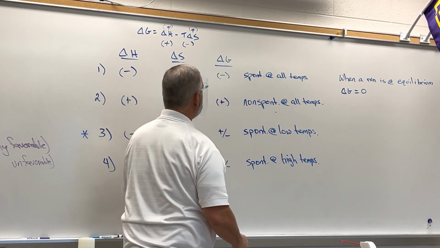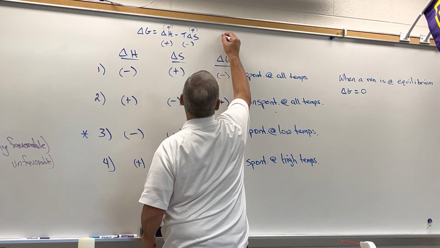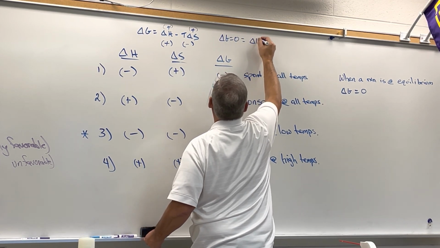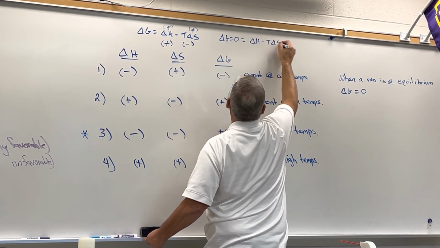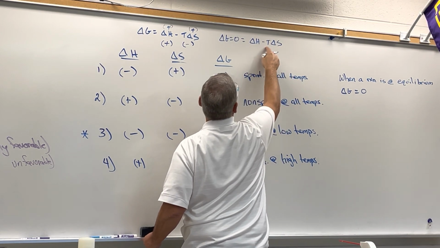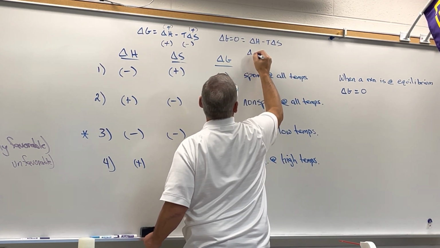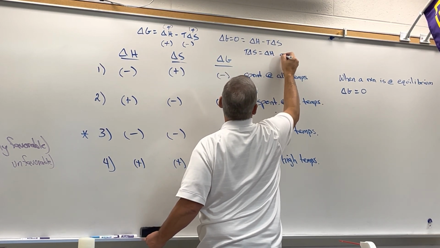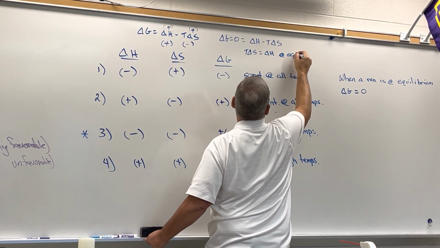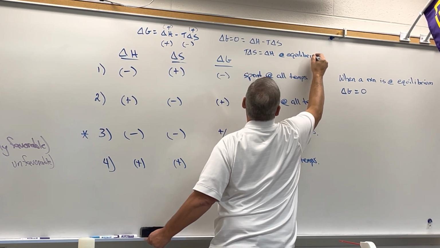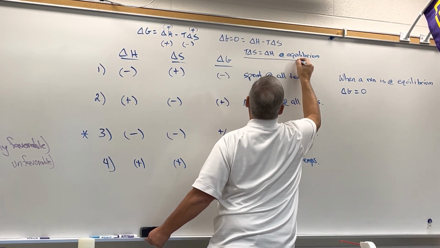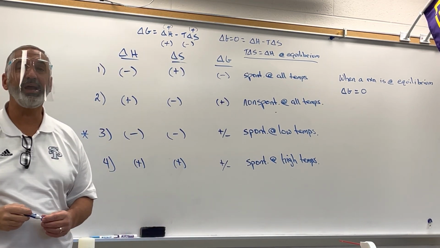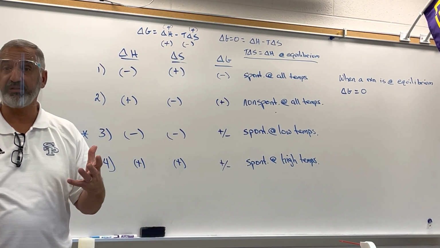So when ice is melting, delta G equals 0 equals delta H minus T delta S, which means we can bring that over here and say T delta S is equal to delta H at equilibrium. That's how you calculate the temperature that the reaction is going to change at.